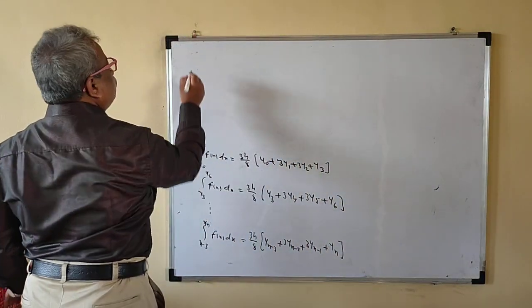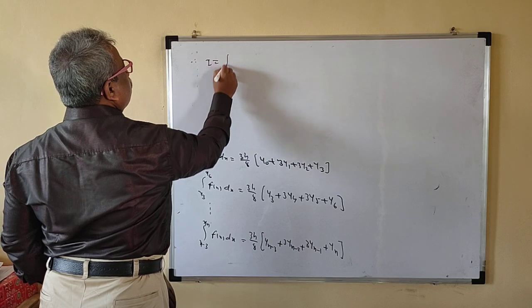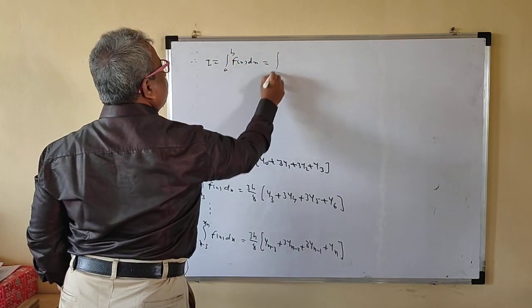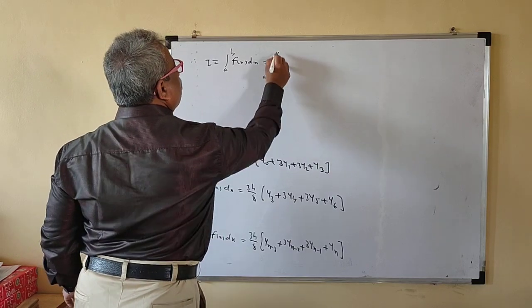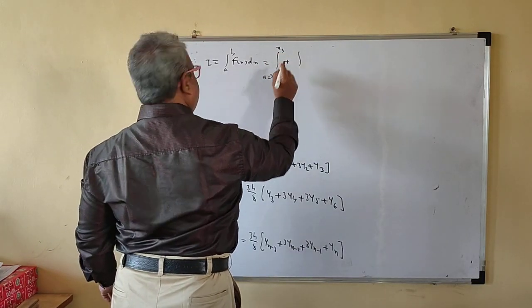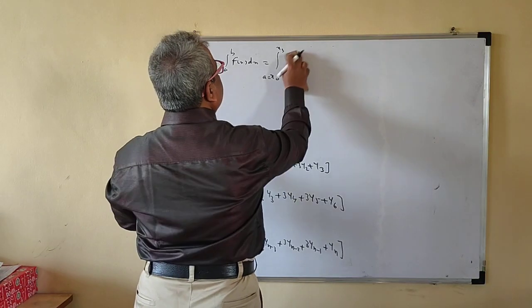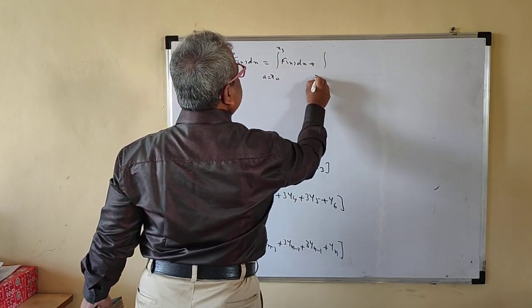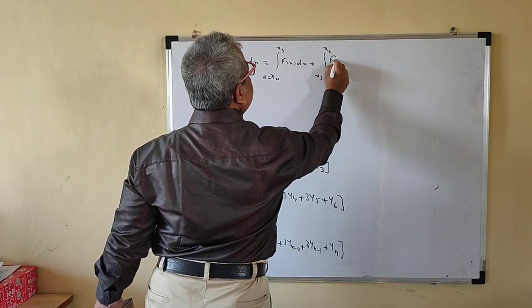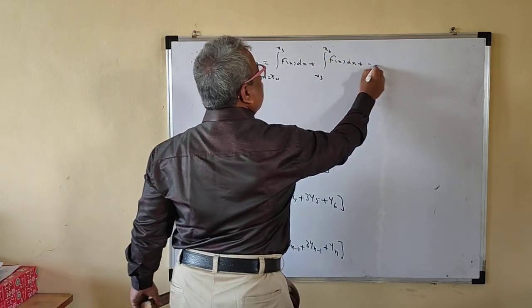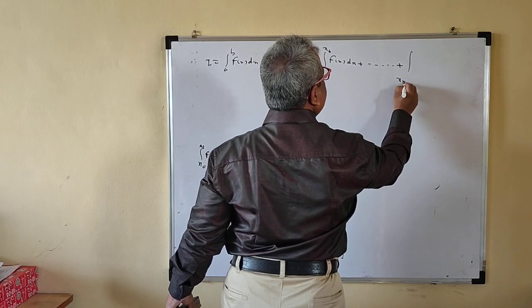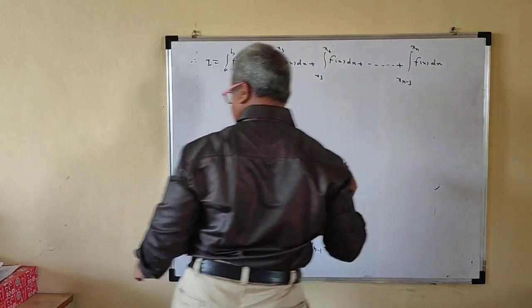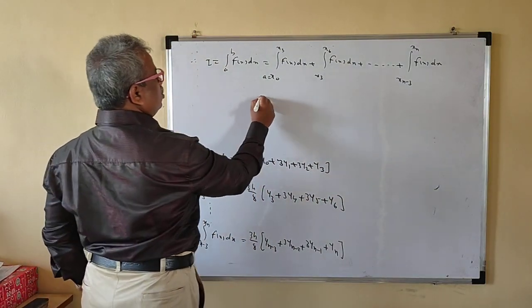Okay, so therefore I is equal to the integration from a to b of f of x dx, which is equal to the integral from x0 to x3 of f of x dx plus the integral from x3 to x6 of f of x dx plus dot dot dot plus the integral from xn minus 3 to xn of f of x dx. Okay, so we write the value of each now here.